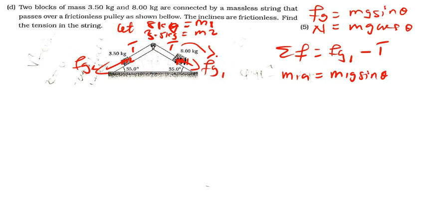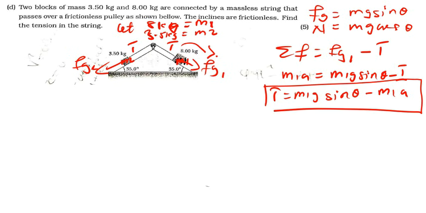But if they are different, you have to specify theta 1 is for this one, theta 2 is for that one. But in this case, nothing is going to change, minus the tension force. Our goal is to find the tension force. Shift T to the other side. T will be equal to M1G sine theta minus M1A. If I use this formula right now and plug in the values, I'll be able to get the tension force, but I don't have the acceleration.